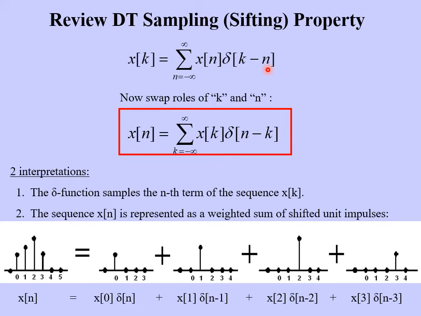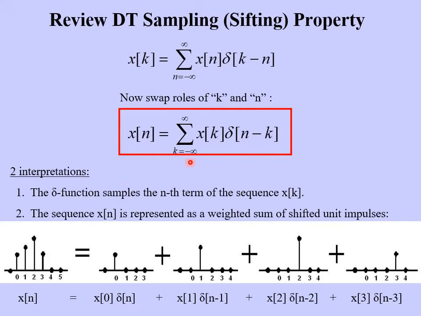And one of the things that you can do with expressions like this is swap the roles of the indices, and sometimes this is called index gymnastics. So basically wherever we see a k up here, we replace it with an n, and wherever we see an n, we replace it with a k, and we get this expression right here, which is also true. Now this expression here has 2 interpretations.